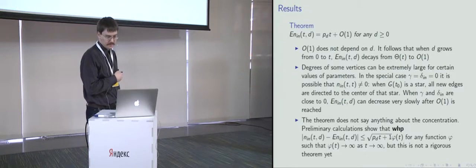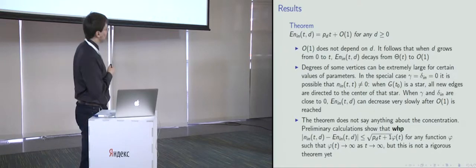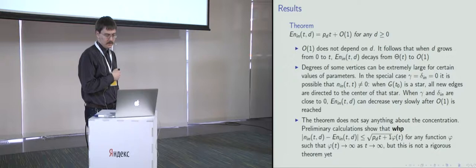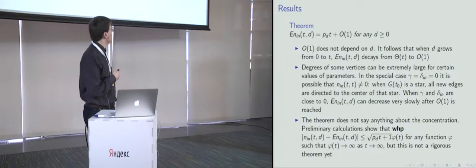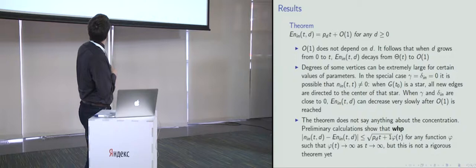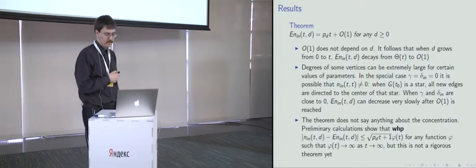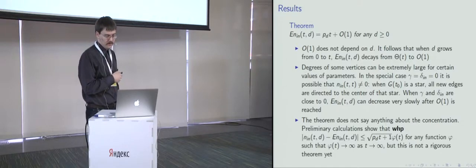Our results. The theorem that we prove says that the expectation of the number of vertices with a given degree is in fact the main term, and the remainder term is bounded uniformly on the degree.